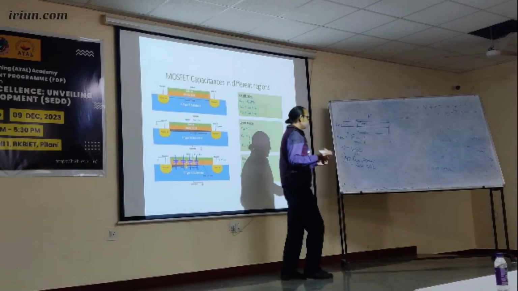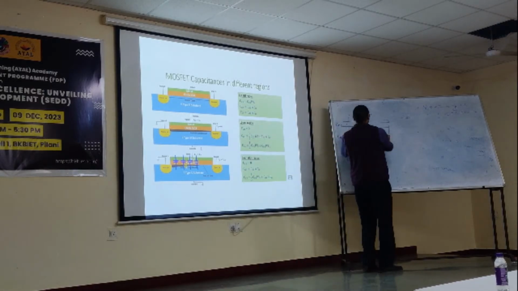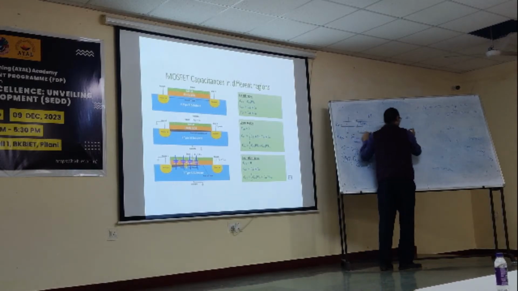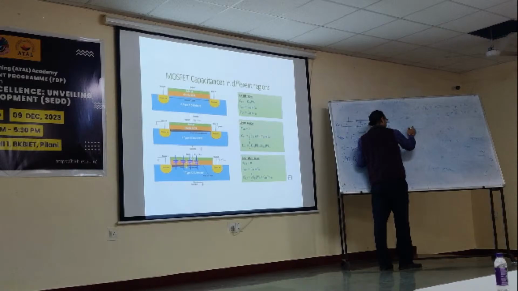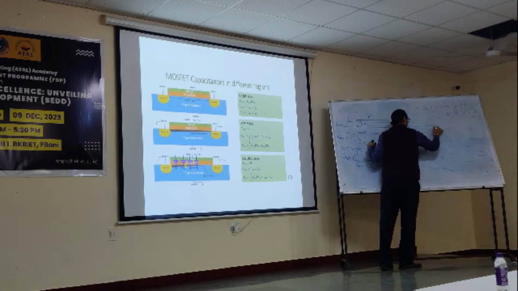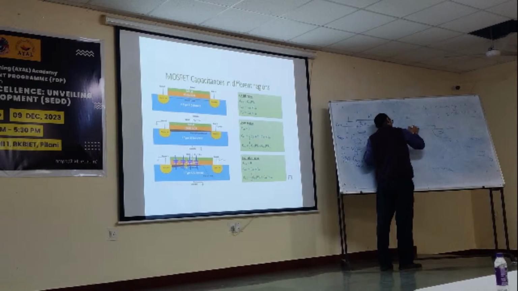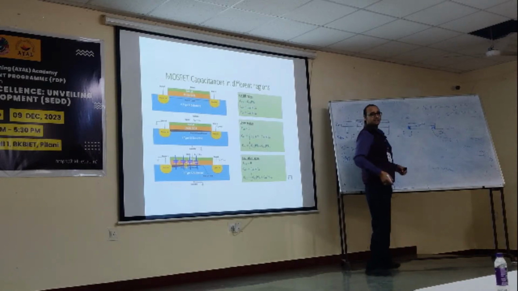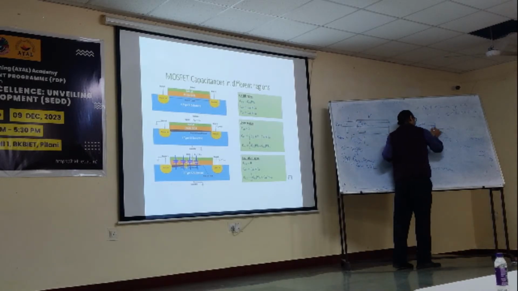That's it. Now there is one more thing. Here we have assumed ideal dimensions. Suppose there are overlaps. Suppose this is the source end and this is the drain end. Can you see this overlap between the gate and the source and drain? Suppose this length is LD.